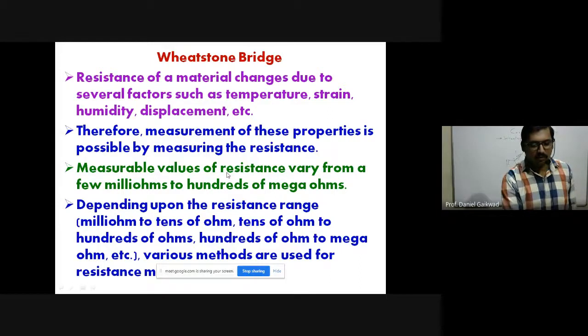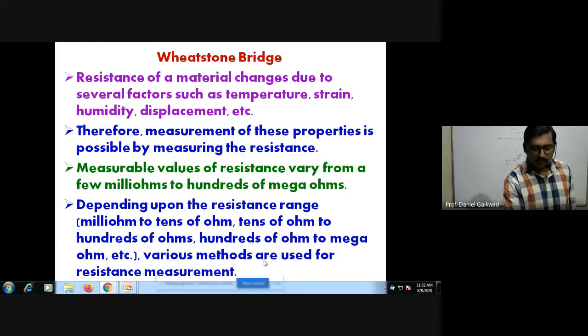Measurable values of resistance vary from a few milliohm to hundreds of megaohm. Depending upon the resistance range, milliohm to tens of ohm, tens of ohm to hundreds of ohm, and hundreds of ohm to megaohm, various methods are used for resistance measurement.